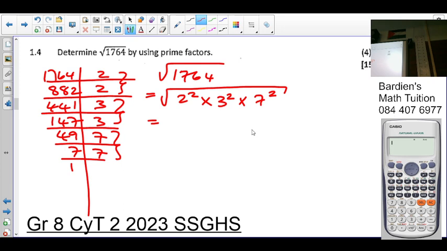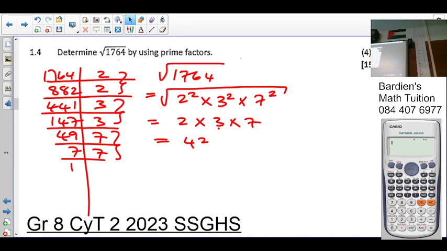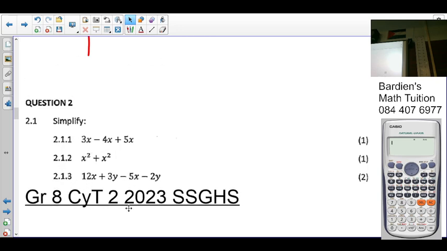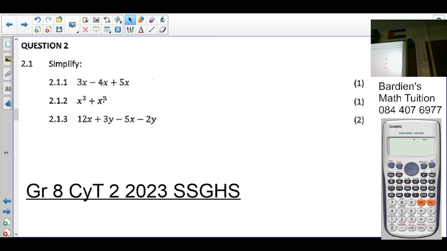So the square root of 2 squared is 2 times 3 times 7. And 2 times 3 is 6 times 7 is, of course, 42. Do you guys understand? Any confusion? So at this point, everybody should have gotten 15 marks. Okay? So there's nothing heavy or difficult there.